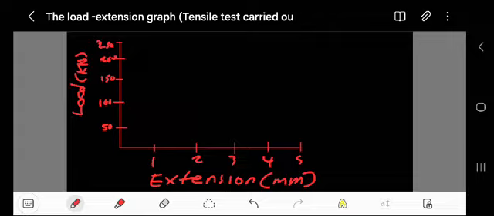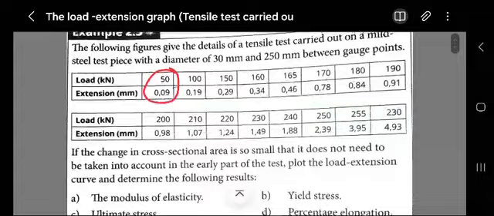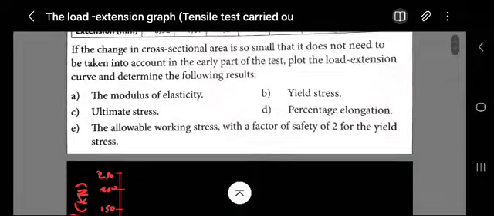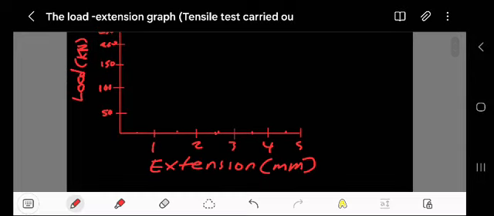Then I show a point here, somewhere in the middle.